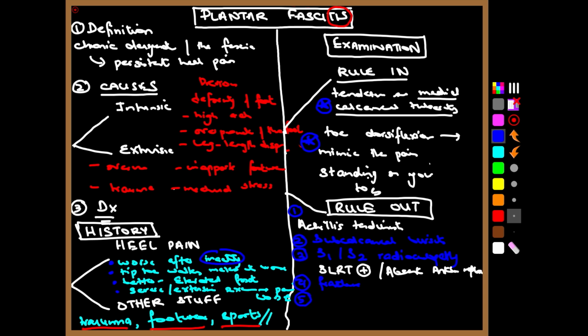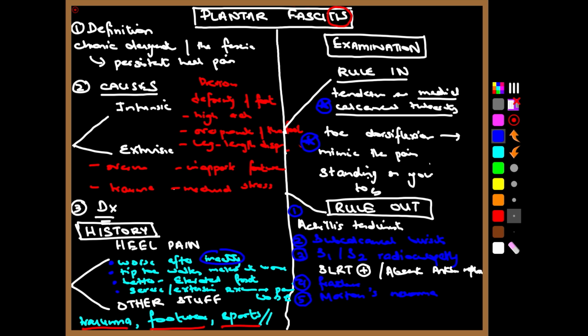Number 5 would be Morton's neuroma, and this was pretty interesting for me because we've actually diagnosed Morton's neuroma with my clinical supervisor whilst I was working here. The pain tends to come about between the heads of the second and third metatarsal, or the third and fourth metatarsal.